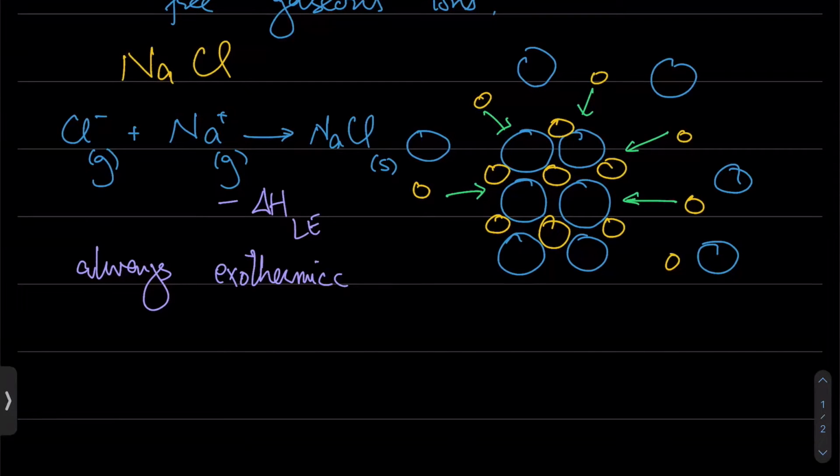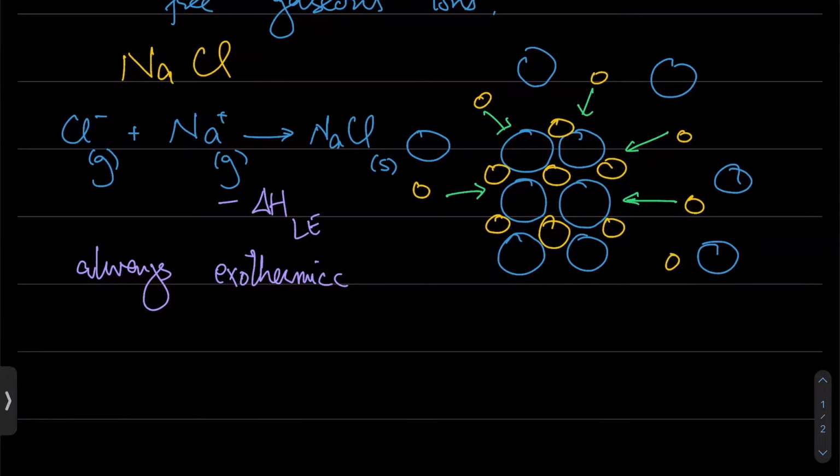So what is lattice energy? A measure of the force of attraction between ions. And how does the force change? That's what we are going to talk about. Because if you change the force of attraction, you change the value of the lattice energy. So that's what you have to understand: what does the force depend on? Now, this force is between positive and negative ions.